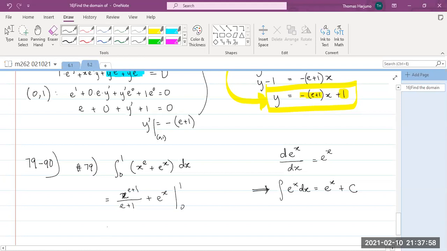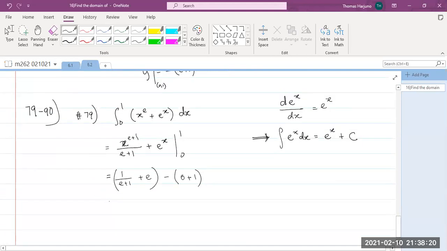When x equals 1, it will be 1 over e plus 1 plus e, minus the value when x equals 0. When x equals 0, that's 0 plus 1. So this is basically 1 over e plus 1 plus e minus 1. Actually, we can simplify this.